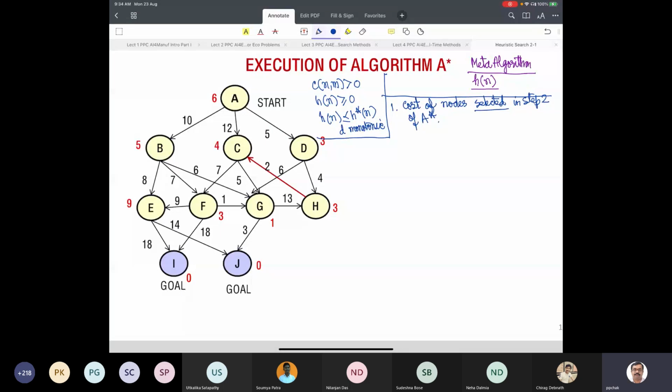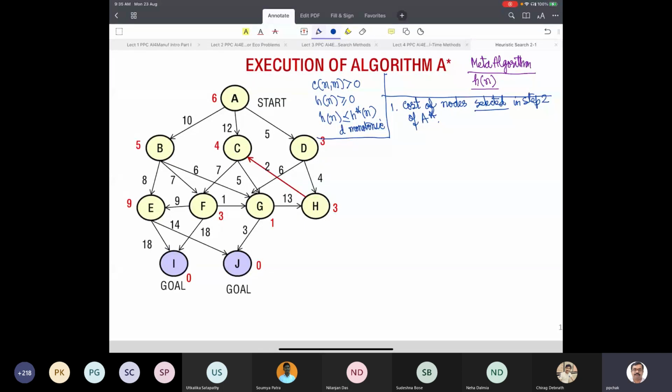What statement can I make about the costs of nodes that are selected in step 2? Anybody? What is the property of the nodes which are selected in step 2?